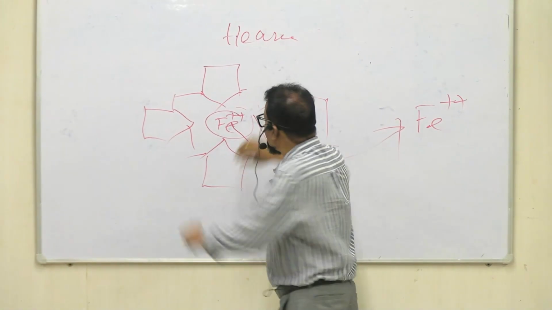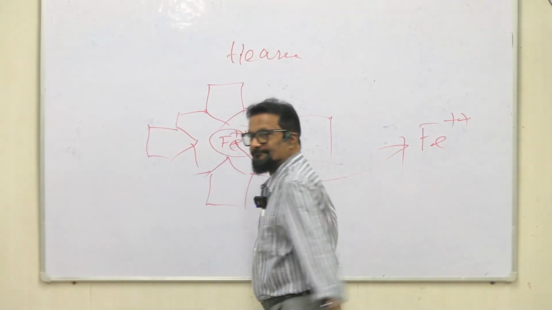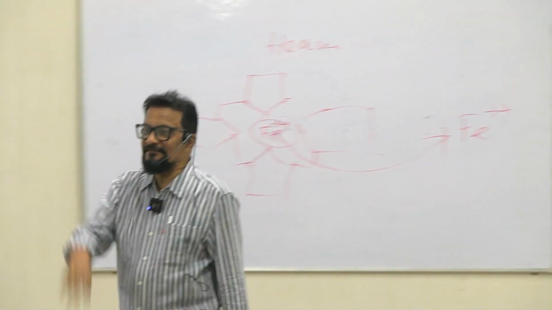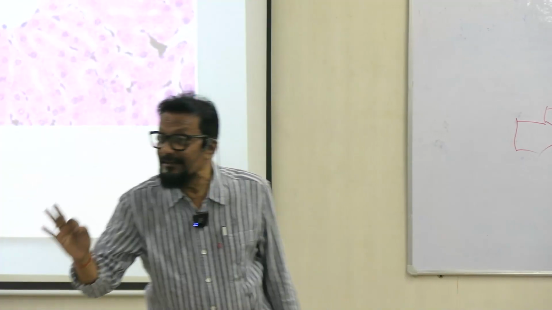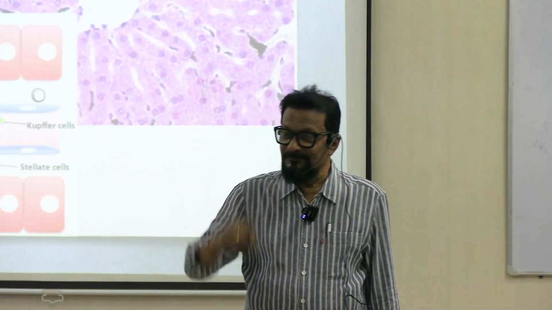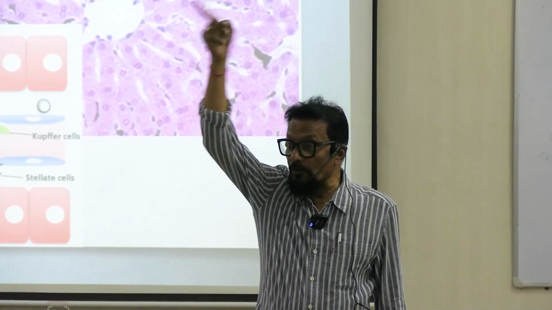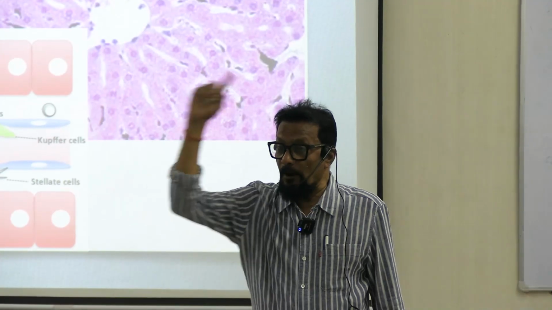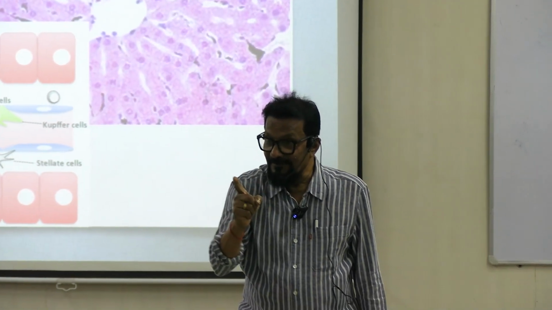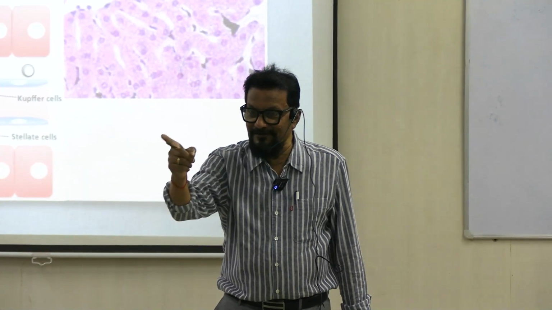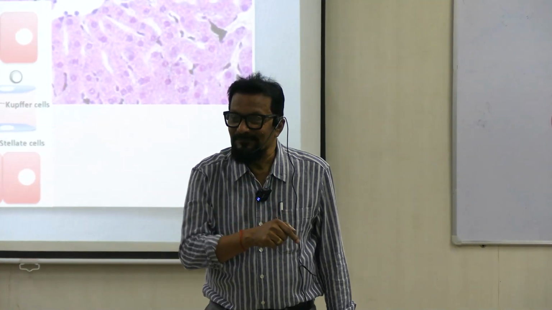This ring will be broken, so it will be straightened. This is nothing but biliverdin. So from hemoglobin, heme plus globin; from heme, porphyrin plus iron; from porphyrin, biliverdin.